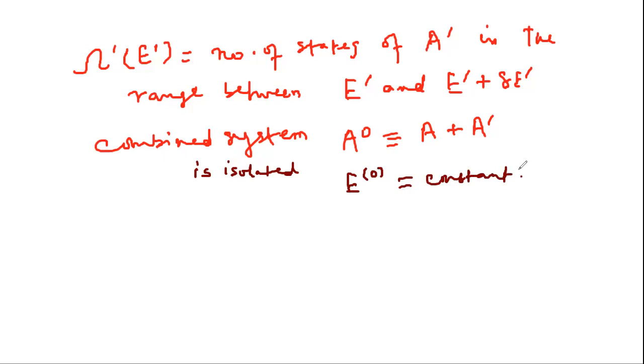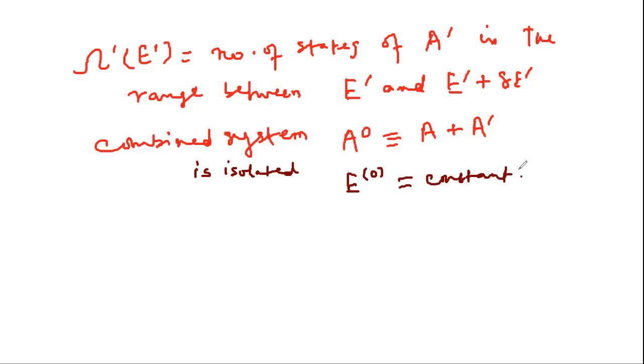Now the energy of each system separately, that is A and A prime, is however not fixed. I am talking of A and A prime. A naught is the combined system that is isolated.